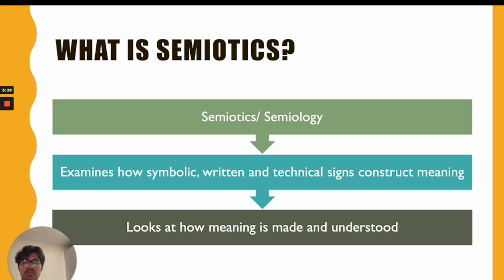Code refers to the system of rules and conventions that govern the use of signs and symbols within a particular culture or context, while discourse refers to the larger cultural or social context in which signs and symbols are used and interpreted.